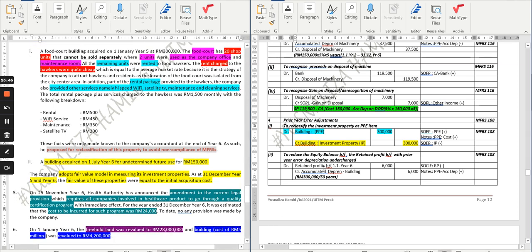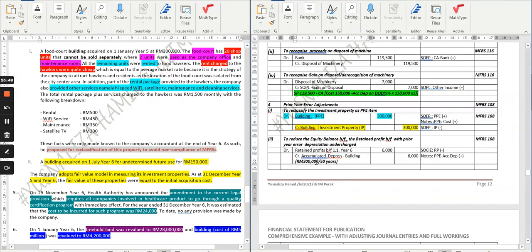And for that reason, you also need to do a little adjustment, because the depreciation has been undercharged. By right, starting from 1st of January, year 5 onwards until the current year and 31st of December, year 6, the building should have been accounted for as PPE. But only that the reclassification was being proposed to avoid non-compliance.